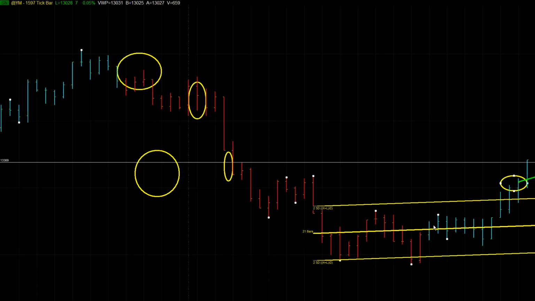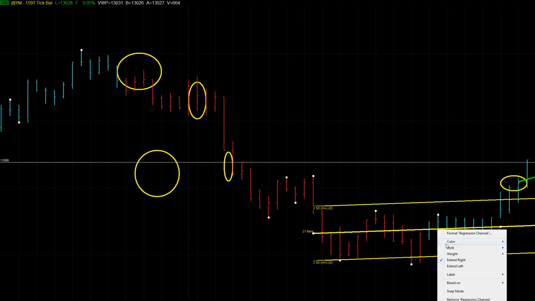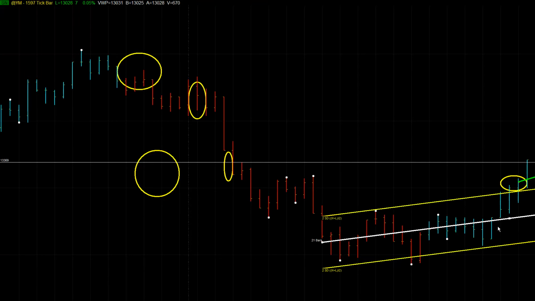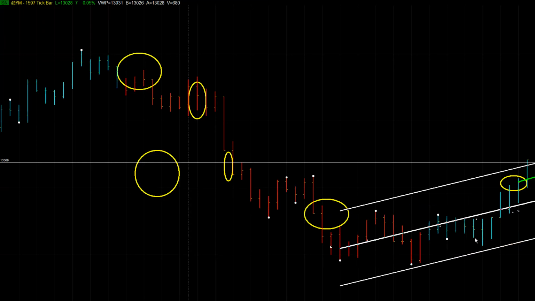So in terms of our oscillator, this would be white, and then as it tilts above that gradient, it turns green, and there we have a signal above the 2 standard deviation. More importantly, because that's our signal, we go long.